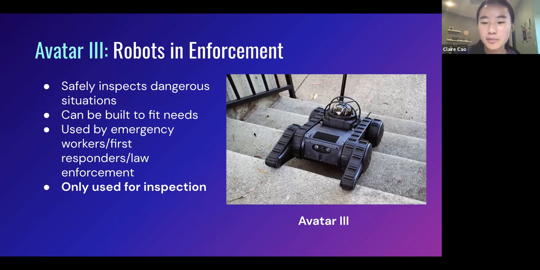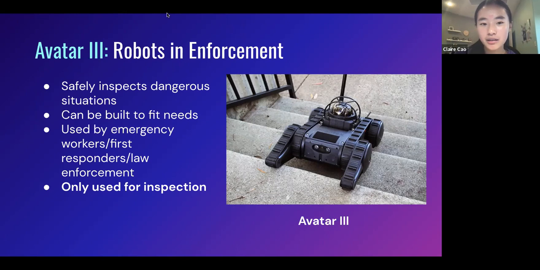And the Avatar 3 has been pretty revolutionary. It can be built to fit any needs, and it is only used for inspection. So Avatar 3 is not built to kill. This is not built to help people murder each other. So what do you think of this? Is this ethical? Is this more ethical than robots in warfare?